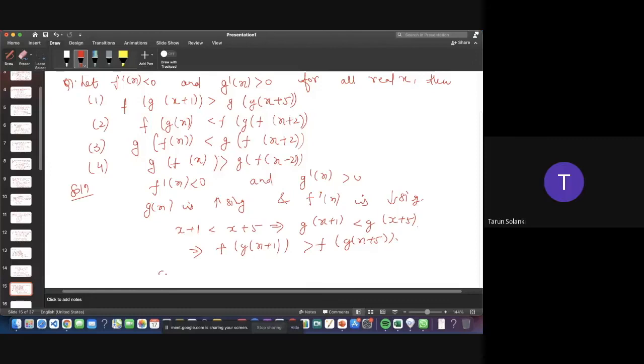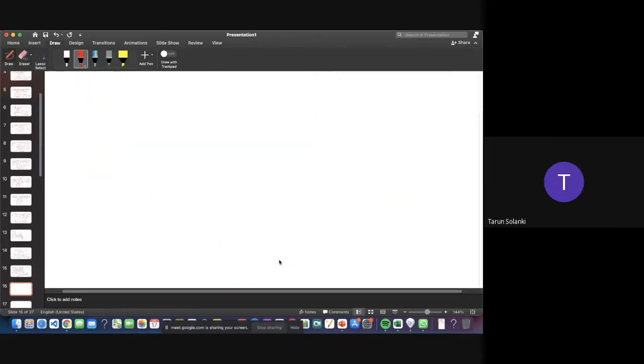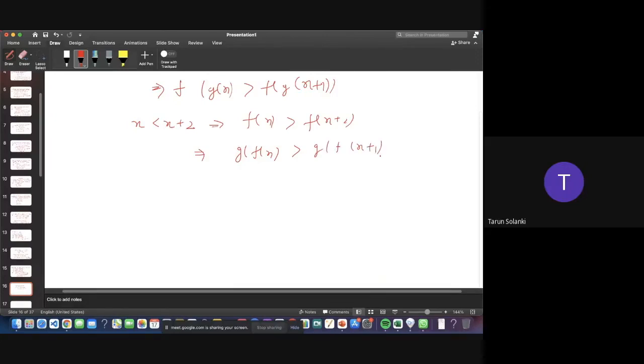So again, x < x+1, so it means g is x+1. So it becomes f(g(x)) is greater than f(g(x+1)). So if x is greater than x+2, then again f(x) is greater than f(x+2). Then g(f(x)) is greater than g(f(x+1)).